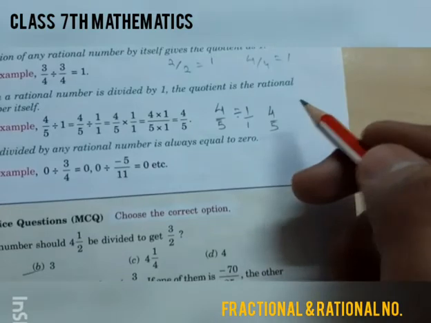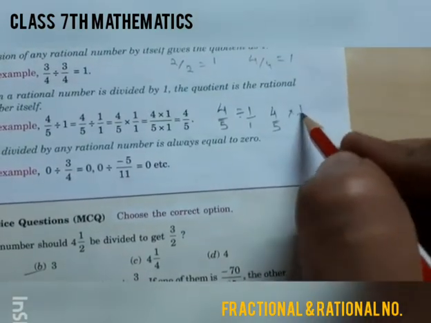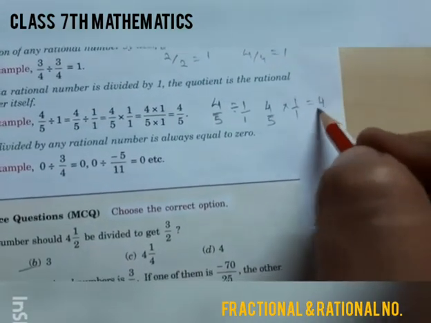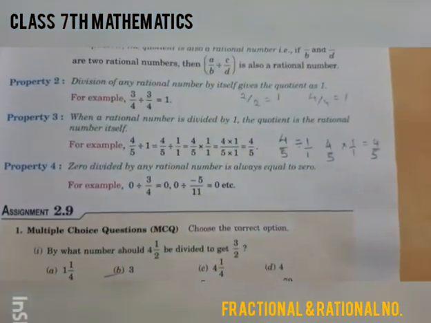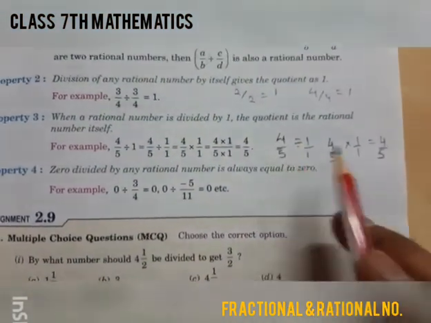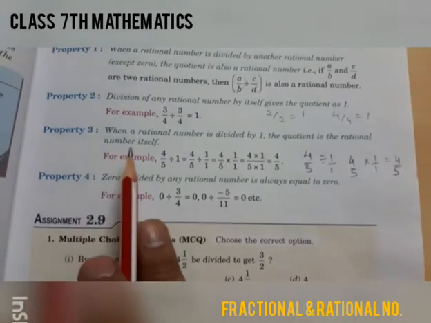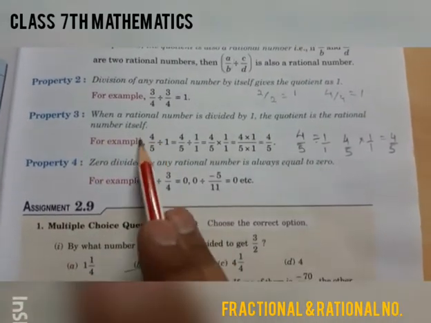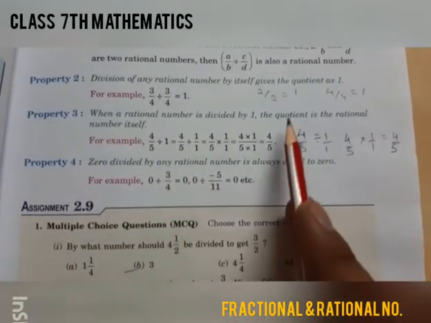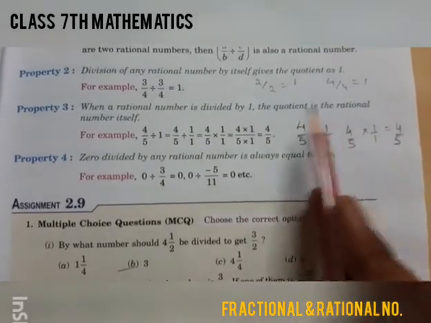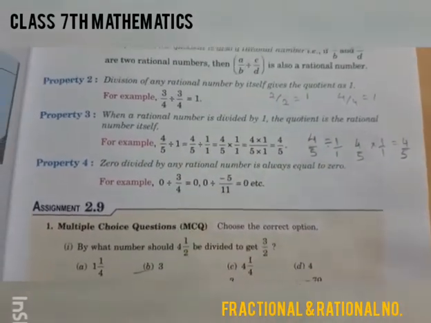Now the reciprocal of 1 will be 1 only. That means 1 upon 1. So what will be the result? 4 upon 5. That means we are getting the same rational number back. So this is what the property is also saying, that when a rational number is divided by 1, the quotient is the rational number itself.